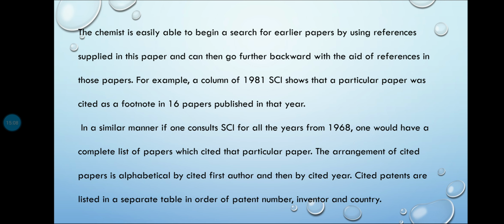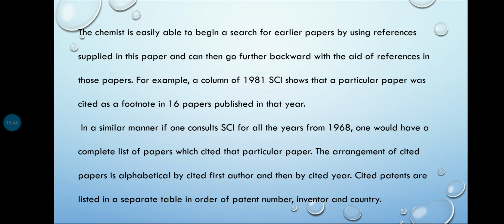The chemist is easily able to begin a search for earlier papers by using references supplied in this year and can then go further backward with the aid of references in those papers. For example, a column of the 1981 Science Citation Index shows that a particular paper was cited as a footnote in 16 papers published in that year.